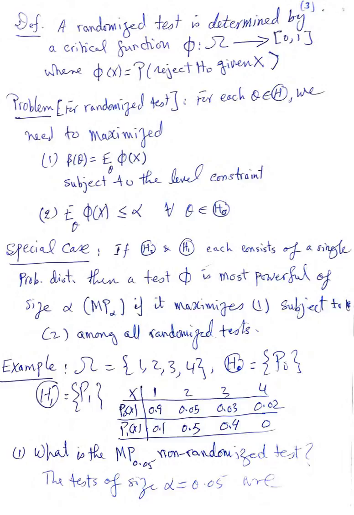If you want to compute the most powerful non-randomized test at alpha equal 0.05, first you have to find all the tests of size 0.05. You have just x equal 2, because the probability under H0 is 0.05, or you have 3 and 4, because the sum of their probabilities is 0.05.